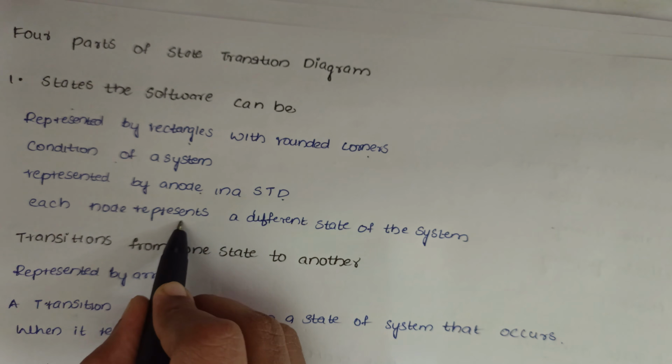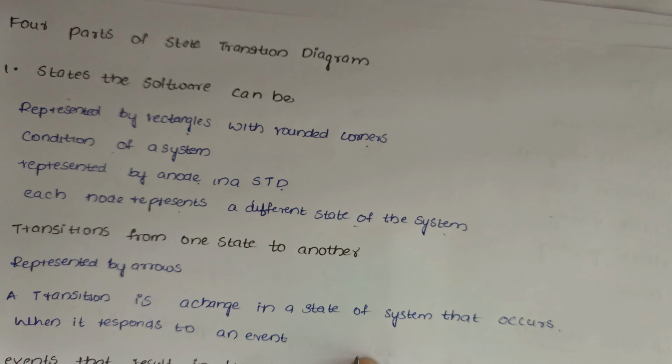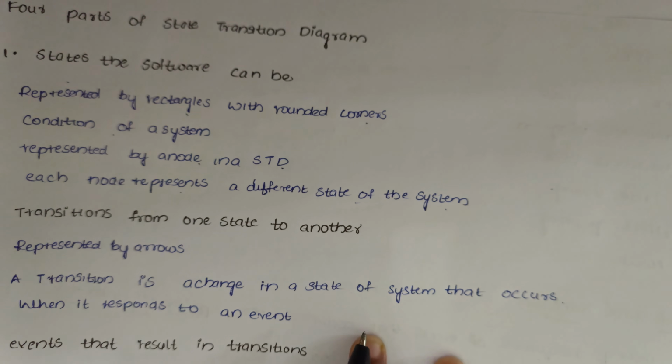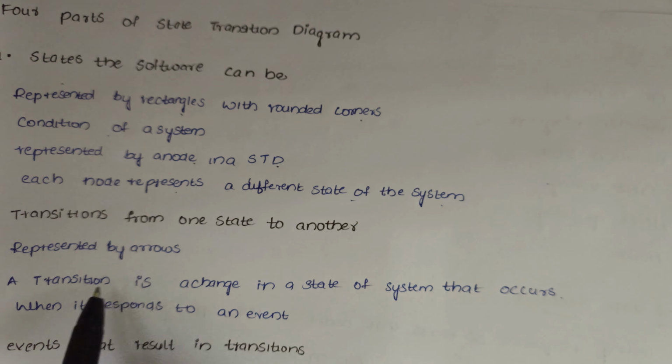Each node represents a different state of the system. Coming to transition from one state to another, it can be represented by arrows, and a transition is a change in the state of a system that occurs when it responds to an event.